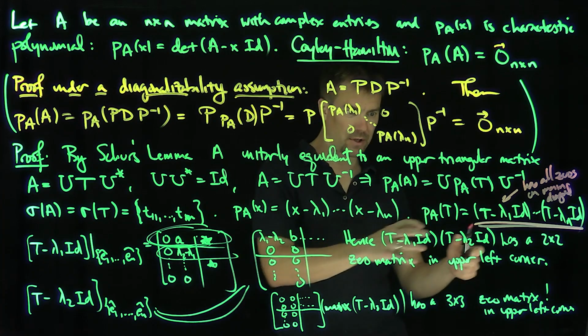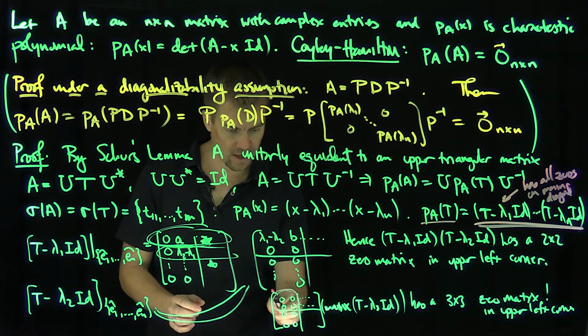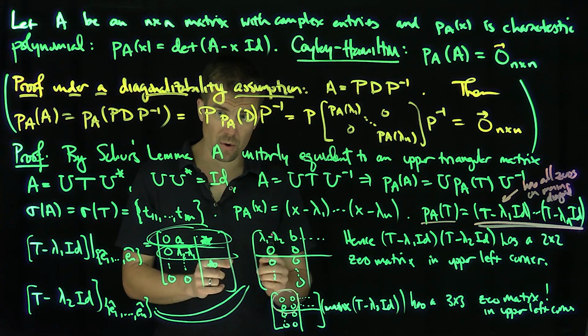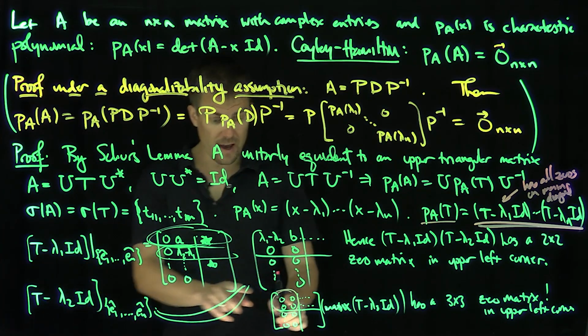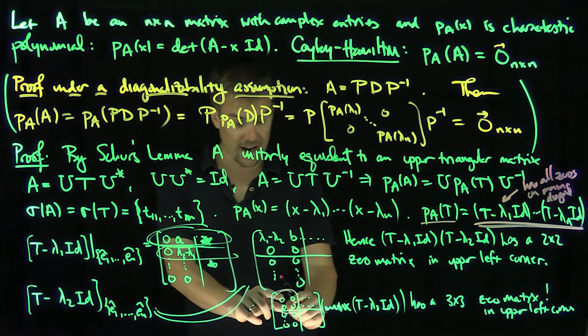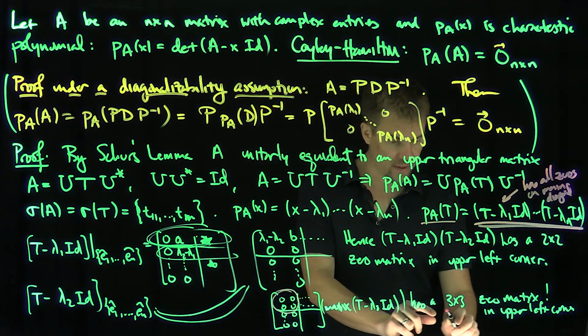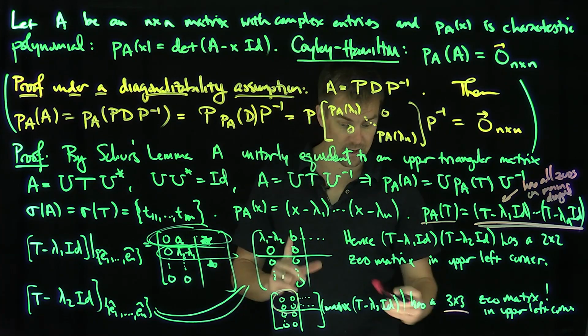So by doing this over and over again, what happened to E1 and E2? When I plug them into this product, T minus lambda 1 identity, T minus lambda 2 identity, I get a 2 by 2 matrix of zeros, right? Then I got a 3 by 3 matrix that was all zeros, and I'll get a 4 by 4 or 5 by 5 by proceeding by induction.